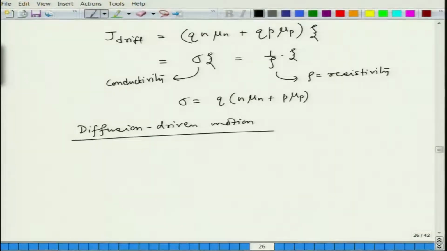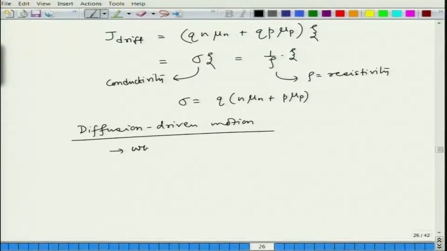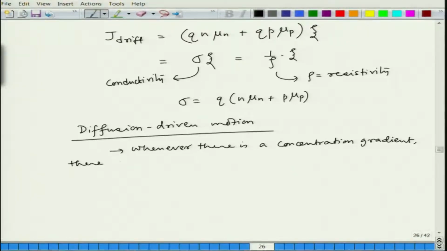What do you mean by diffusion? Diffusion is a thing which is driven by the concentration gradient. Whenever you have a concentration gradient, it will diffuse to a portion where the concentration is less. Okay. So, whenever there is a concentration gradient, there will be a diffusion motion, isn't it?